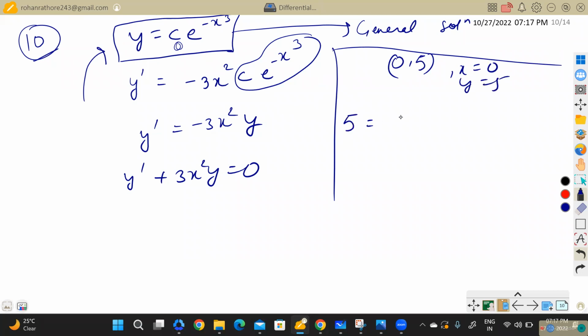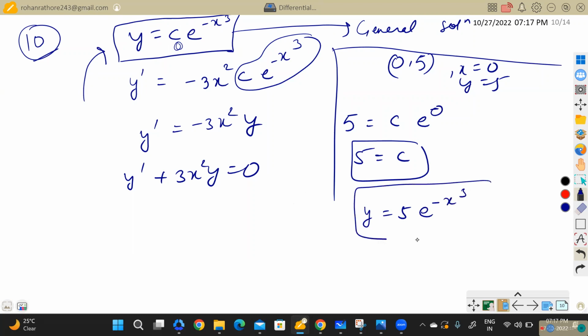So y equals 5 gives c e raised to the power minus 0, because 0 cubed is 0. So we get c as 5, right? The value of c is 5. So we can just remove c and put 5 to get y equals 5 e raised to the power minus x cube, which is the particular solution because we don't have any arbitrary constant present now.